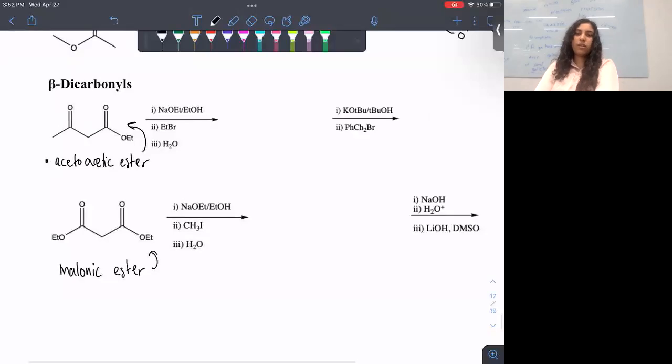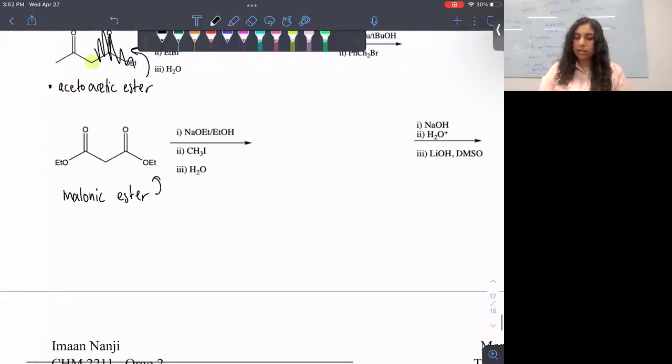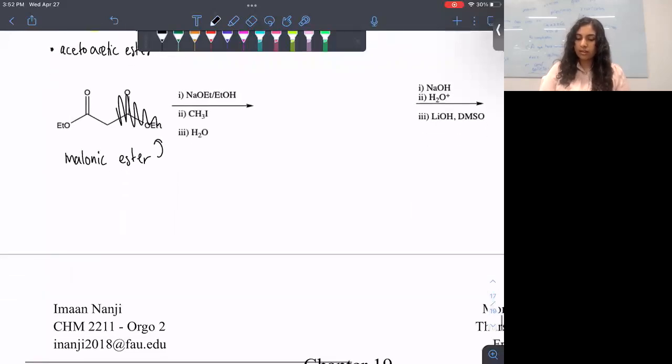What I recognize with acetoacetic ester is that in the end, this ester portion of it is going to leave, and then I'm going to have stuff added onto this alpha carbon. I look in the reagents to see what stuff I'm adding to the alpha carbon. For malonic ester, I know that in the end result, one of the ester sides gets cut off, and I'm ending with a carboxylic acid that's substituted at the alpha carbon.